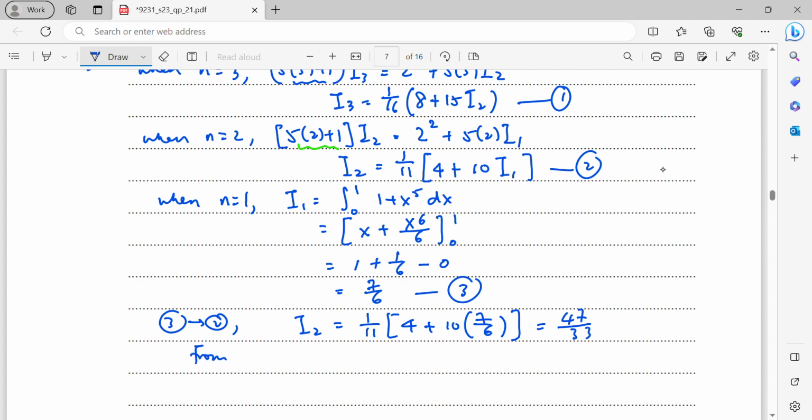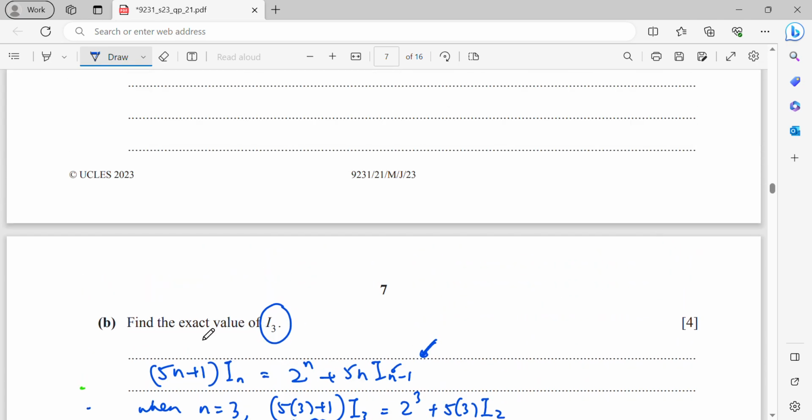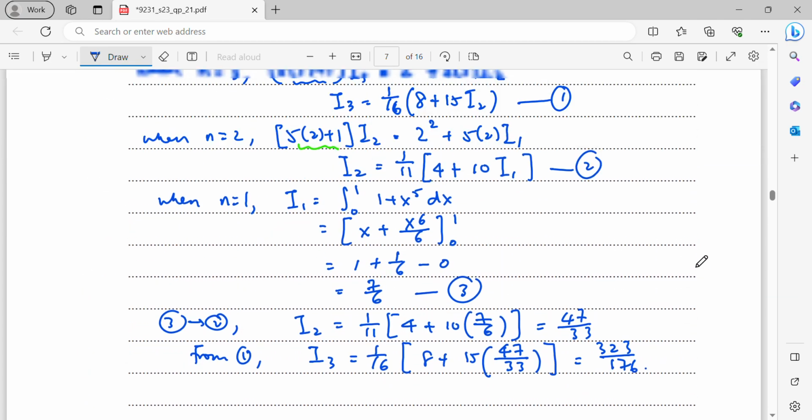From the first equation, my I3 is 1 over 16 multiplied with (8 plus 15 I2). So my I2 is 47 over 33. When you calculate this, again you get another fraction, which is 323 over 176. So that is the I3 value, the exact value for I3.